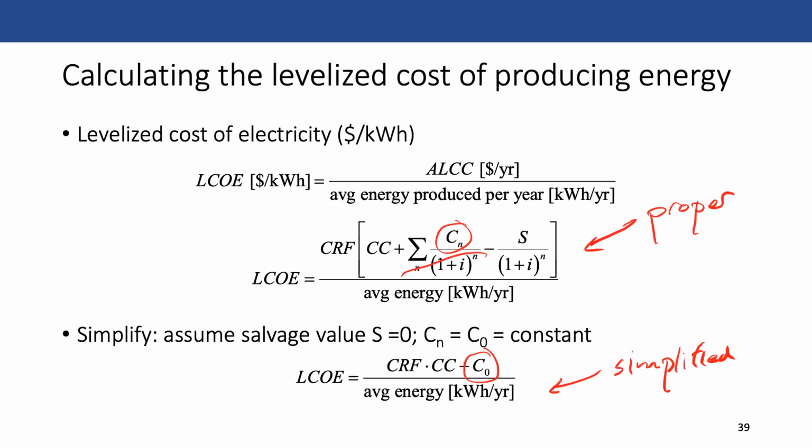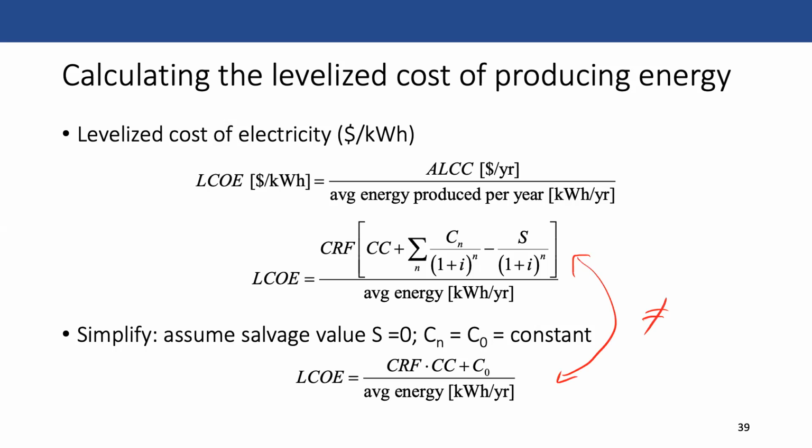It's also gotten rid of the scrappage or salvage value, but that's usually pretty easy to tack on the end if you need to. So again, just as a reminder, these are not the same.